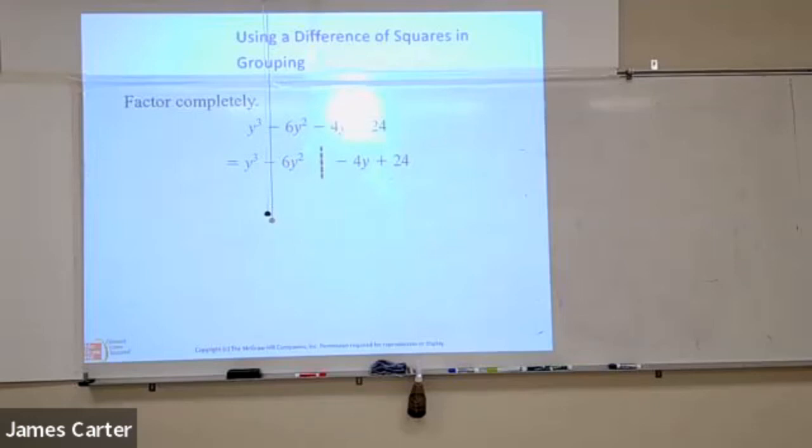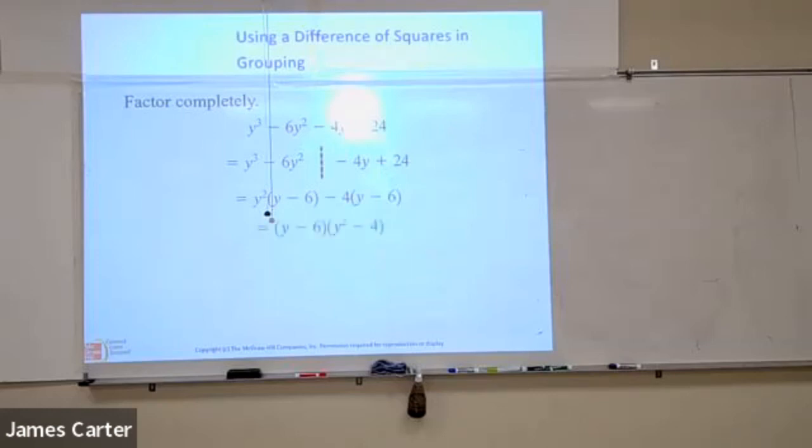Now, can I factor anything common out of this? Y squared. Can I factor anything common out of this? -4. So if I factor y squared out of these two, and I factor -4 out of those two, I've got that thing, right?